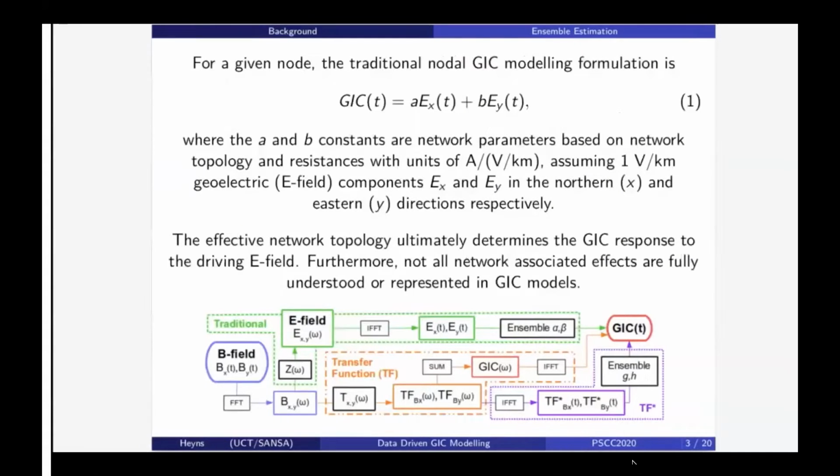At a transformer, the GICs can be modeled using a very simple nodal equation given in equation 1 here. At a time t, GICs can be related to the induced electric field in the northward and eastward direction.